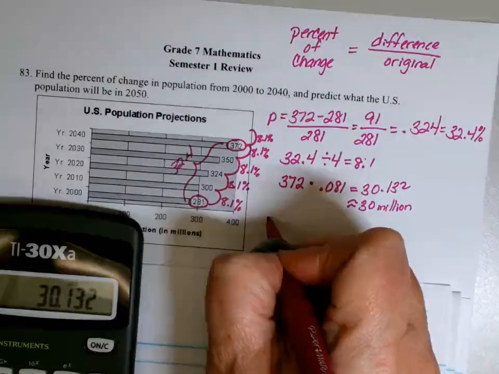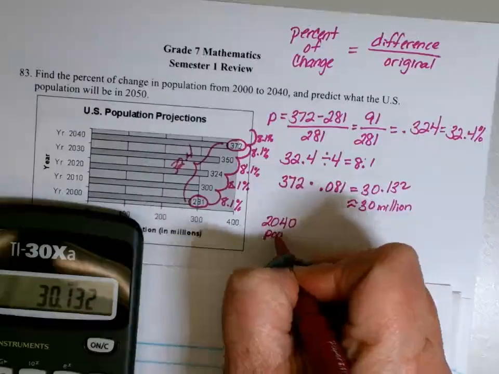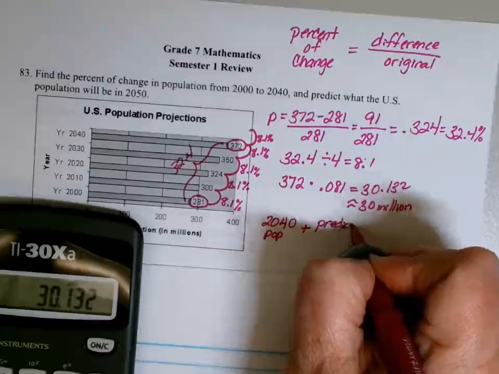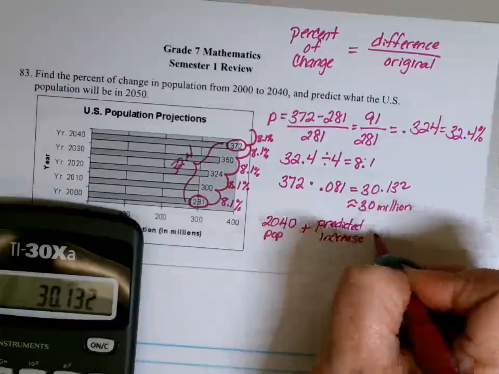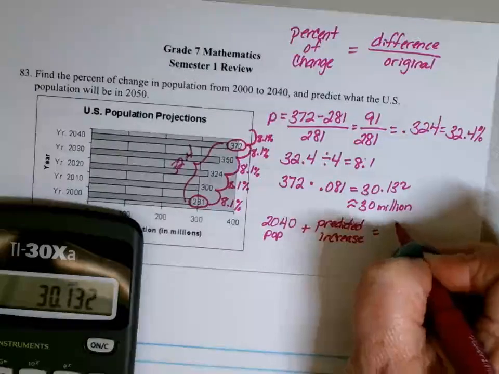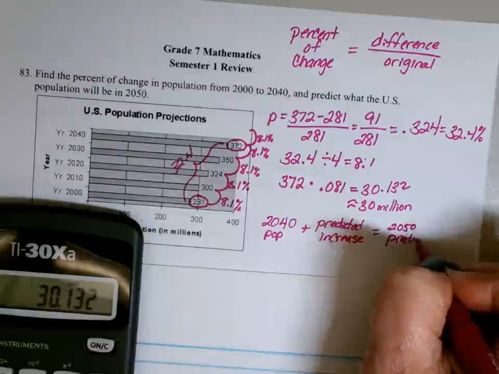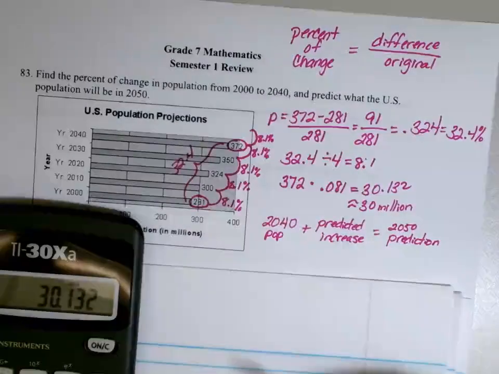If I have my 2040 population, and I add my predicted increase, I should have my 2050 prediction, right? What's my 2040 population? 372.